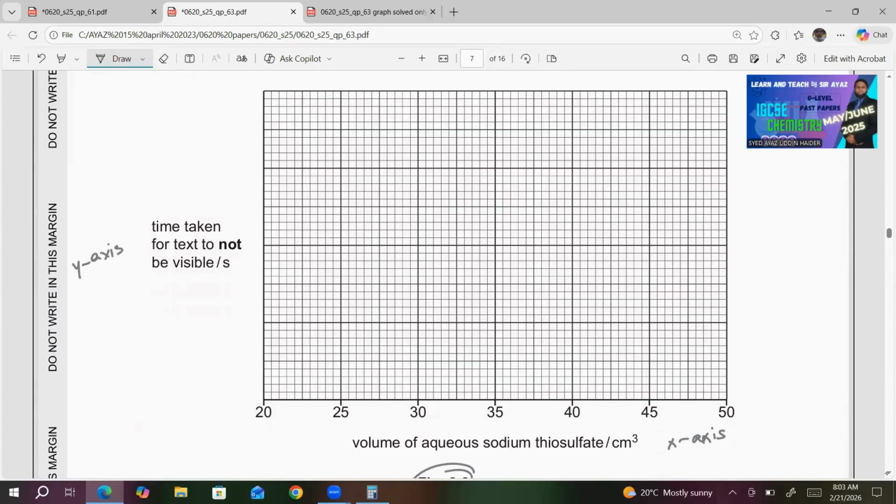We are having time taken for text to not be visible in seconds. So we have 10, 20. So I will write 30 here, 40, 50, 60, 70, 80, 90.